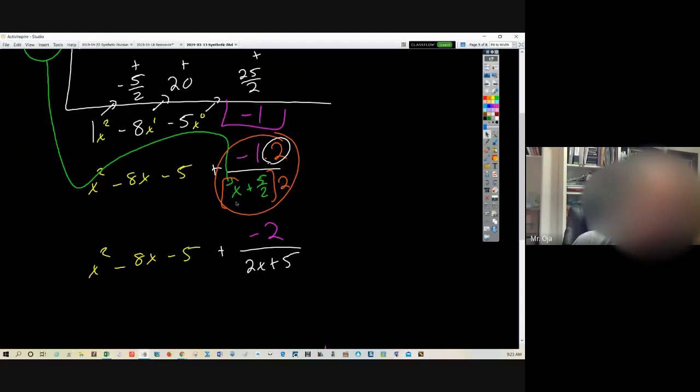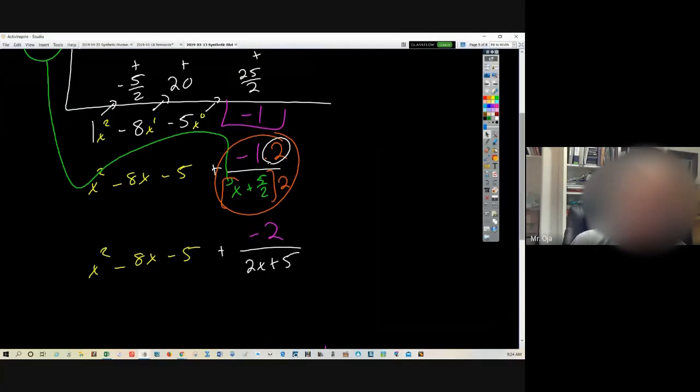What would I have to multiply the bottom by to clear all the fractions? It'd be the least common denominator. There's only one denominator, which is a 2, so we'll distribute a 2 through. 2 times x is 2x. 2 times 5 halves is 5. On the top, 2 times negative 1 is negative 2.